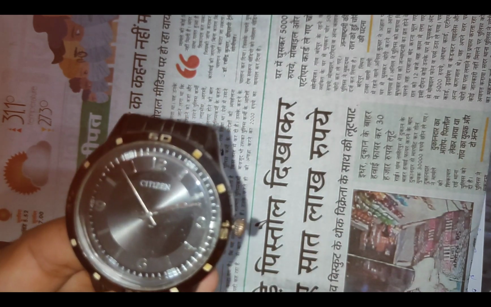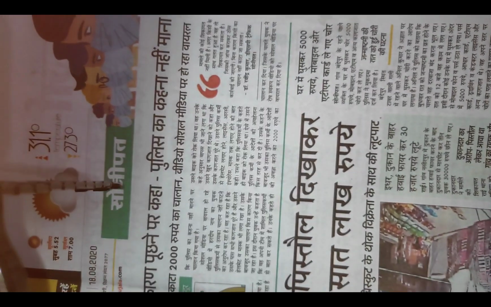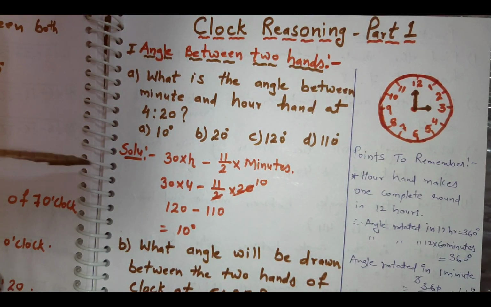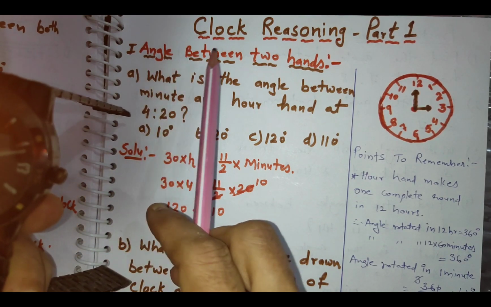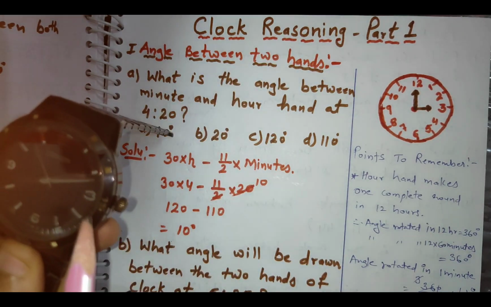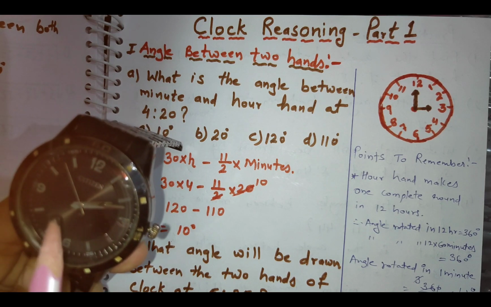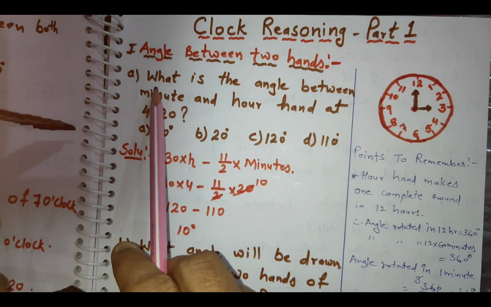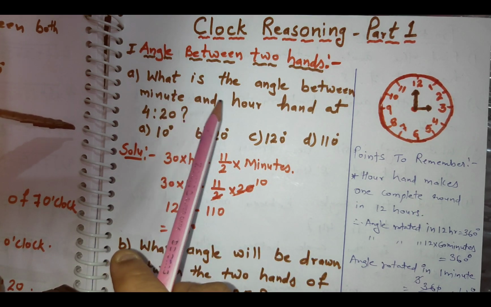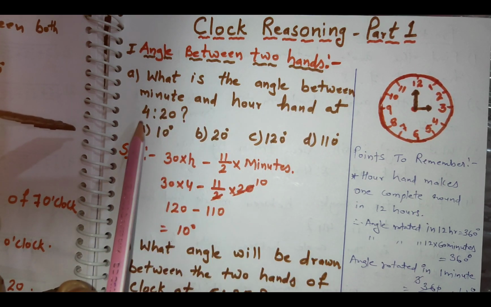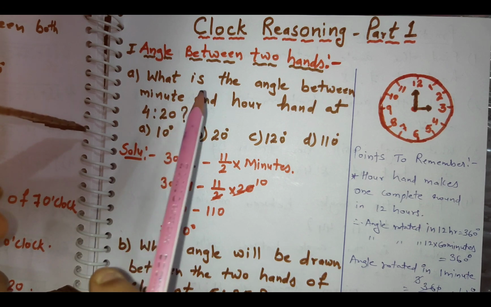Now let us start our questions. So here, first of all, we will find the angle between the two hands, that is the hour hand and the minute hand. Here they are asking what is the angle between the minute and hour hand at 4:20. Okay.